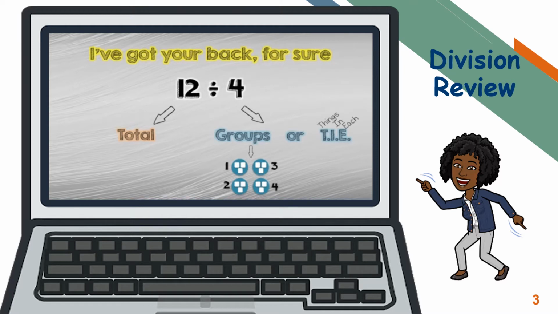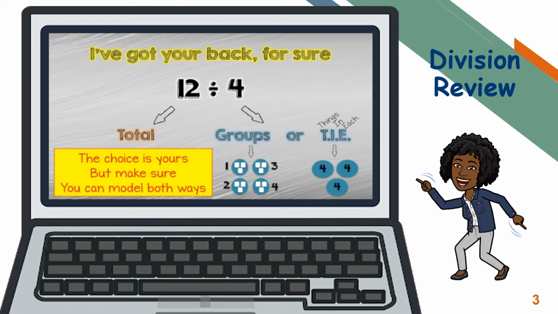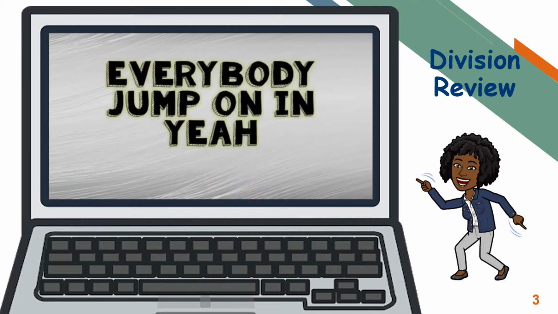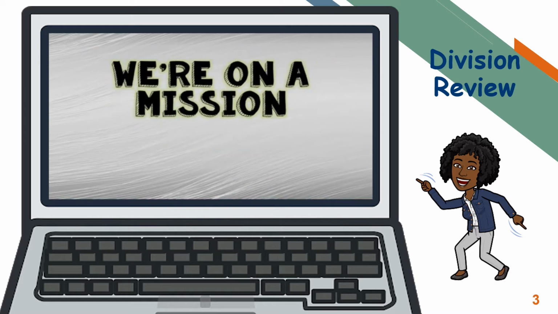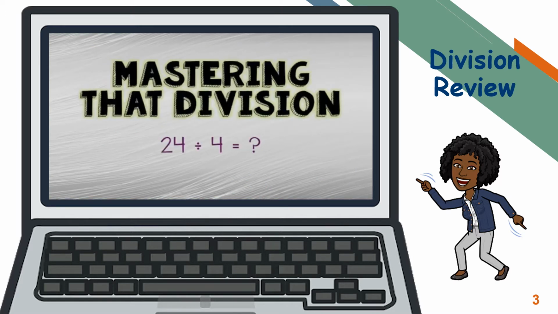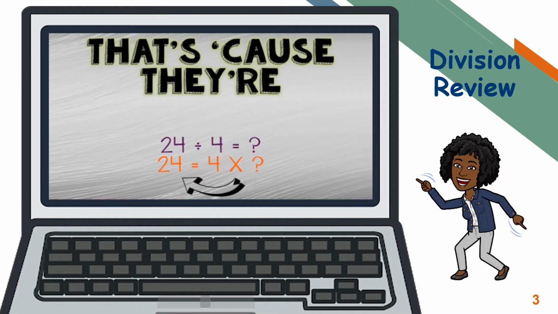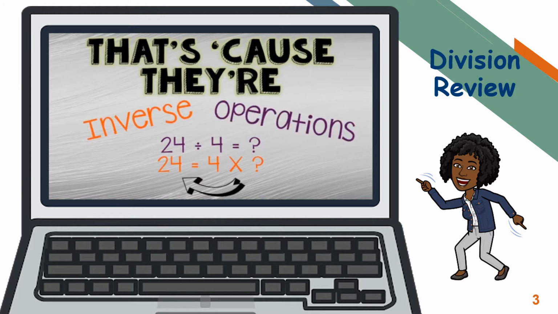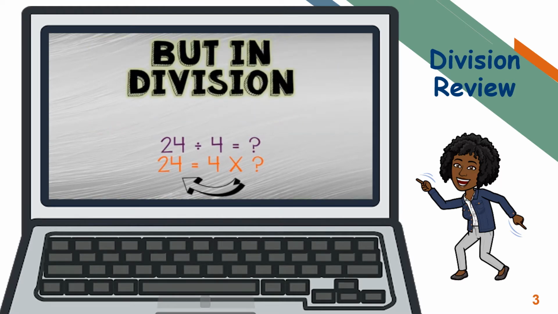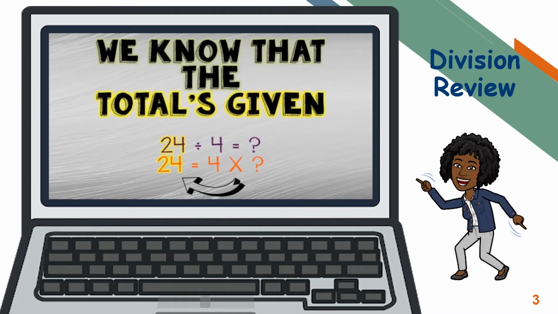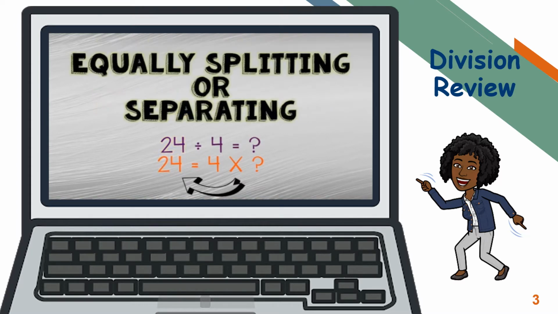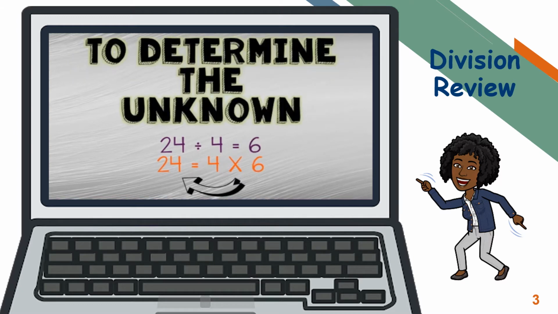It stands for things in each. The choice is yours, but make sure you can model both ways. Everybody jump on in, yeah. We're on a mission, mastering that division. You may be saying it's multiplication, just in reverse, that's cause they're inverse operations. But in division, we know that the total's given, equally splitting or separating to determine the unknown.